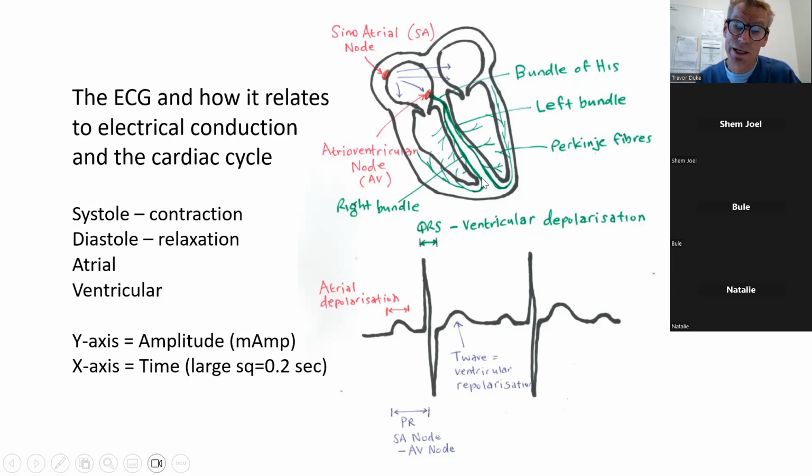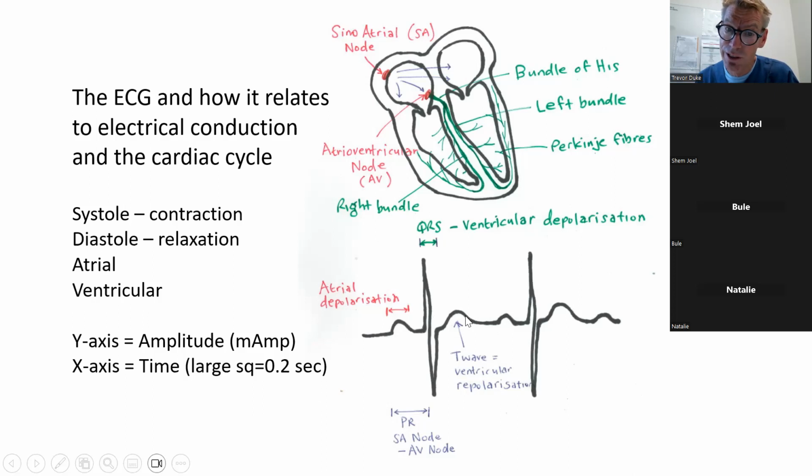So anywhere there's a block, there's usually a delay, and that's often manifest by a prolongation of the QRS complex. The QRS complex is ventricular depolarization, and if it's delayed because of a block in the left or right bundle, then you'll have a prolonged QRS complex.